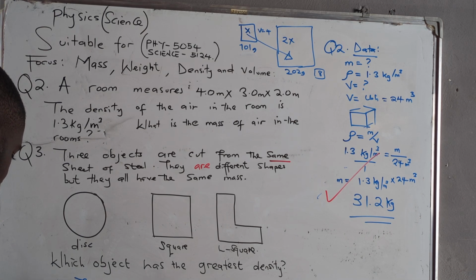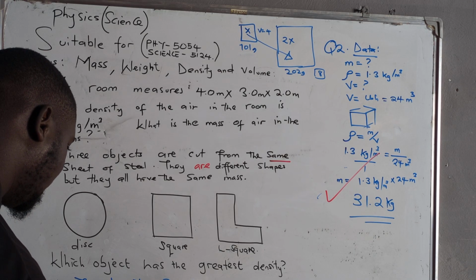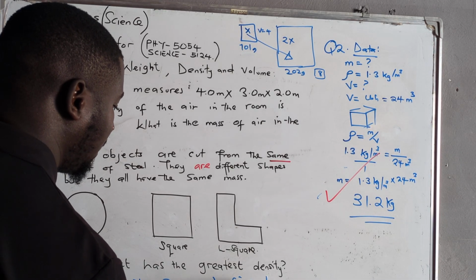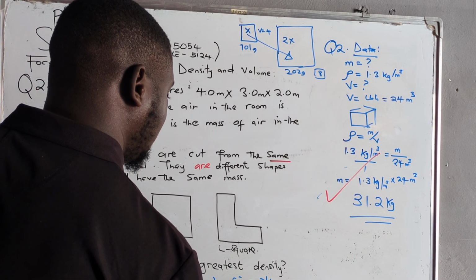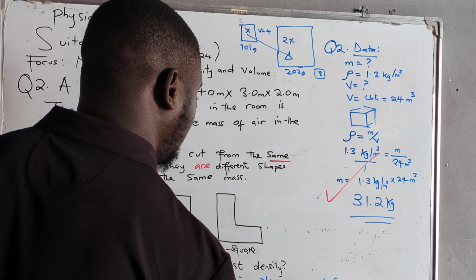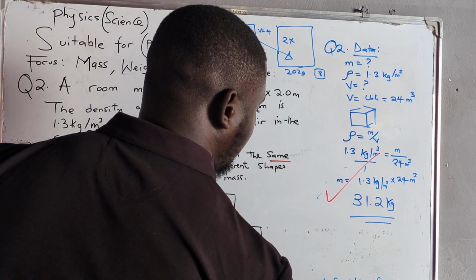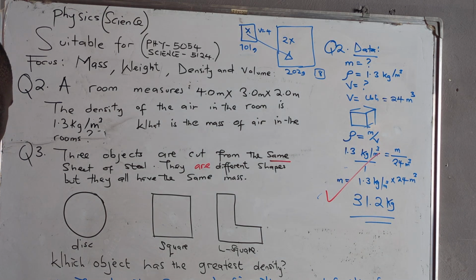So they have the same density since they were cut from the same sheet of steel. Right, so this is how you tackle this question.